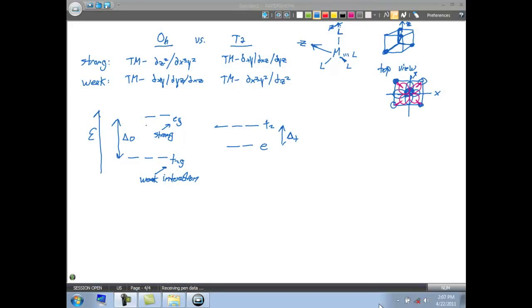One thing that you should notice here, and again I should draw in, is that the E set of orbitals is the weak interaction, and the T2 set of orbitals is your strong interaction.